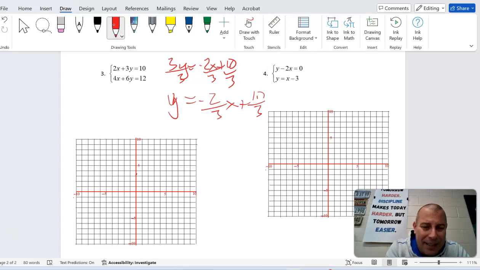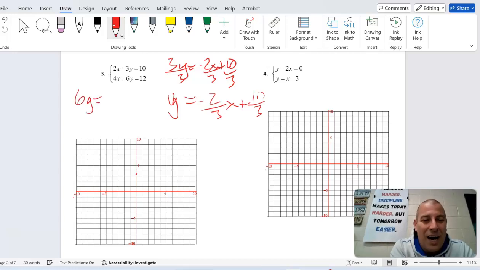This is part of the problem with graphing: we get fractions. Let's hold on for one second here, just because I know where this question's going. So let's go to the other one. Let's subtract that 4x over.